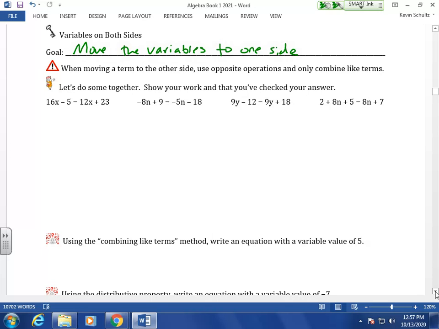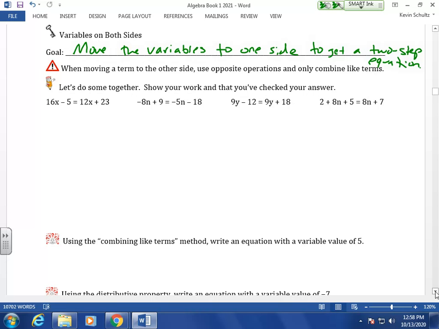We want to get them on the same side to get ourselves a two-step equation. So this is just another type of multi-step equation that you might see. All right. So let's look at this first one here.